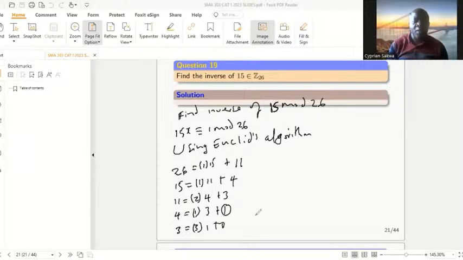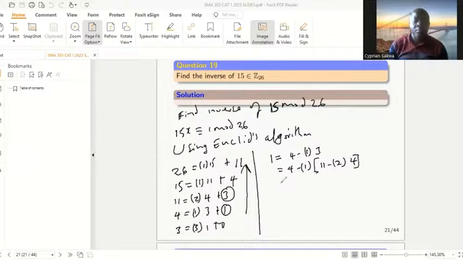So we make it the subject and we work going up. So 1 is the same as 4 minus 1 multiplied by 3. Instead of 3, we are writing 11 minus 2 multiplied by 4. Let me work out this one first.